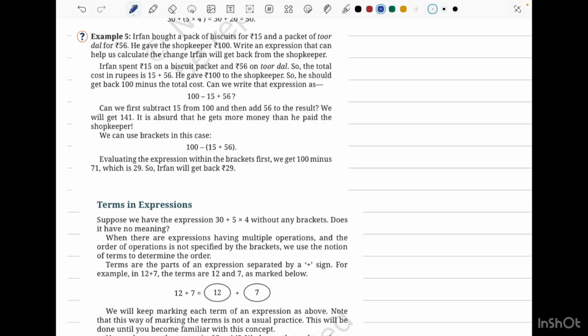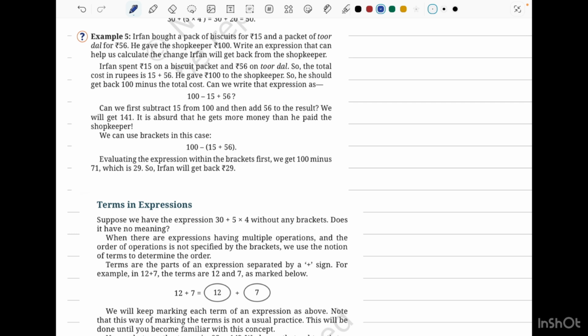Look at example 5. Irfan bought a pack of biscuits for rupees 15 and a packet of tur dal for rupees 56. He gave the shopkeeper rupees 100. Write an expression that can help us calculate the change Irfan will get back from the shopkeeper.